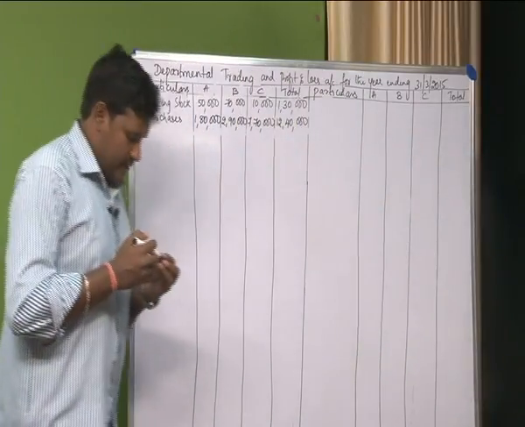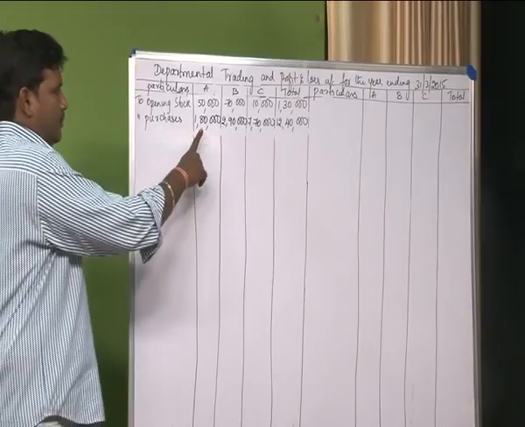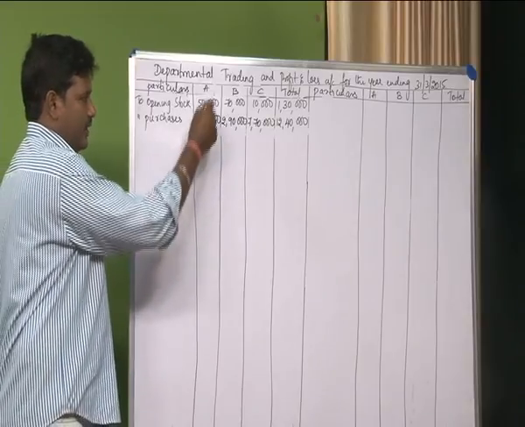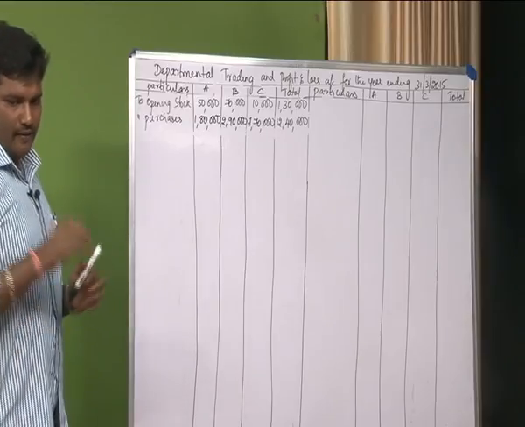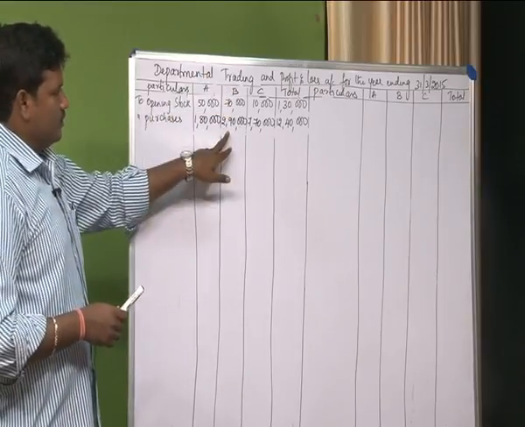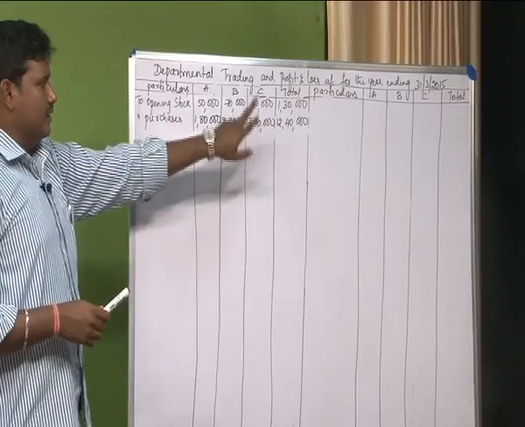See, the concept is purchases 2 lakhs minus purchase returns 20,000. I have written 1,80,000. In the same way 3 lakh minus 10,000 is 2,90,000, and 8 lakh minus 30,000 is 7 lakh.